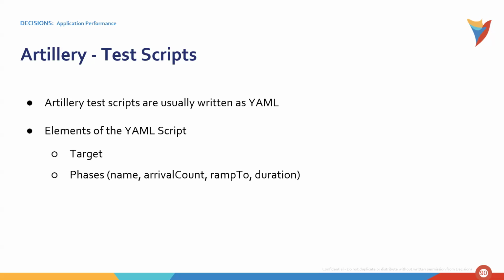And then ramp to basically specifies the maximum number of users that you want for your test. So if I give arrival count as 1 and ramp to as 5, every 1 second, up to 5 users will be created.